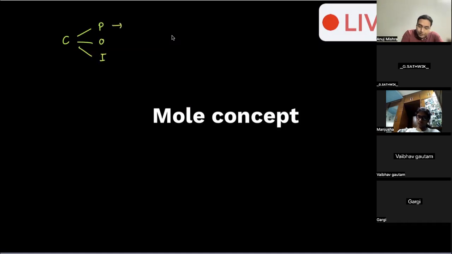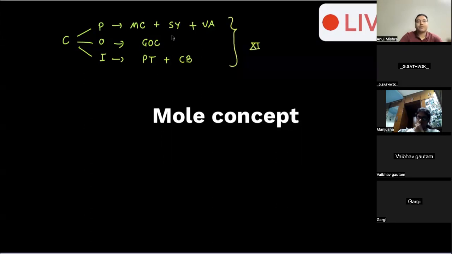In physical chemistry, mole concept is a very fundamental topic, which includes stoichiometry, along with volumetric analysis. Put together, these become very important. Similarly, in organic chemistry, general organic chemistry is a very important topic, and in inorganic, periodic table and chemical bonding. Coincidentally, all these topics are in grade 11.